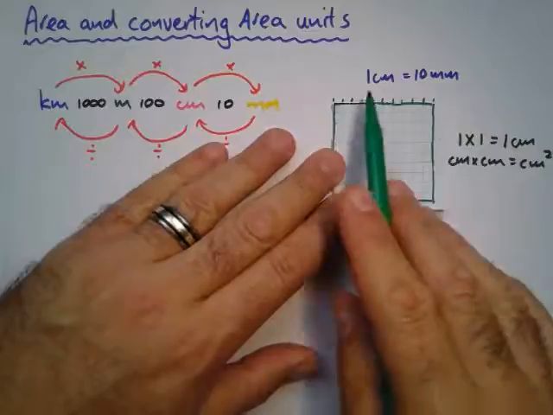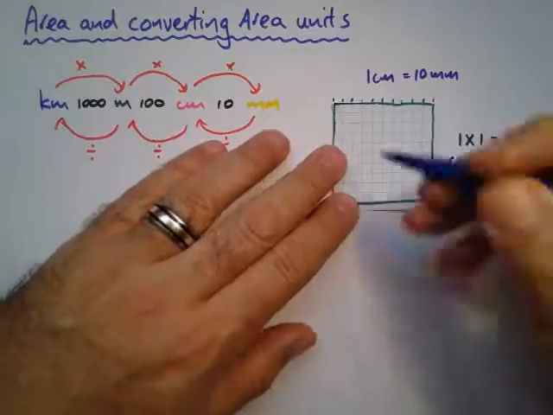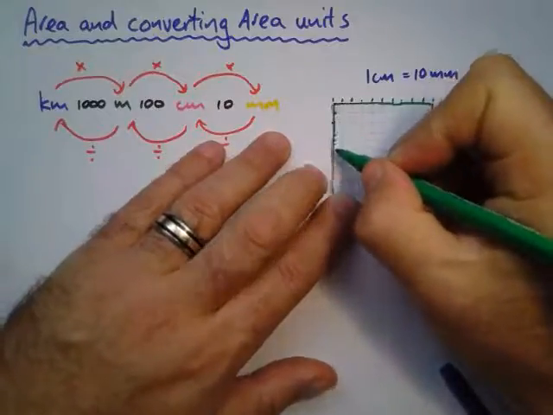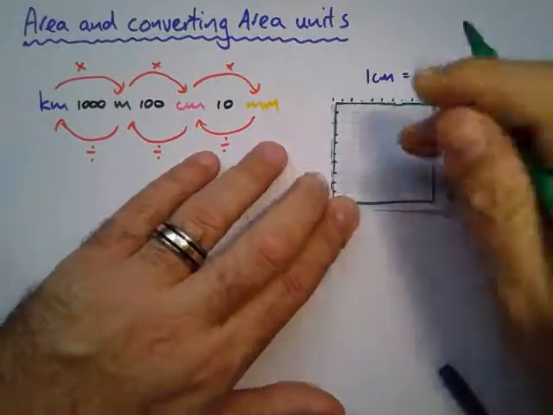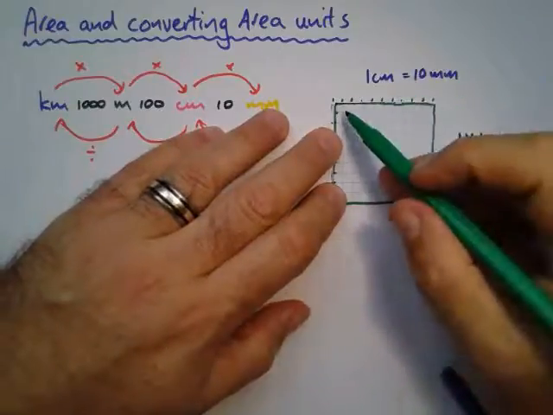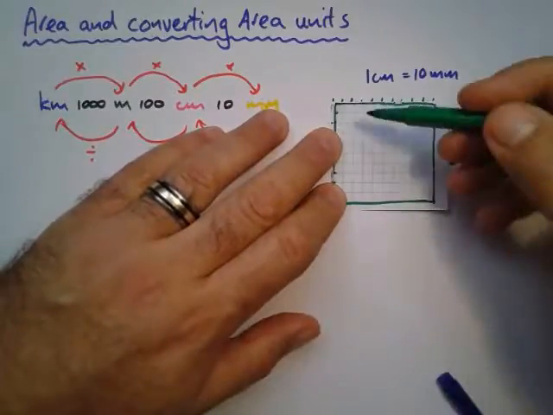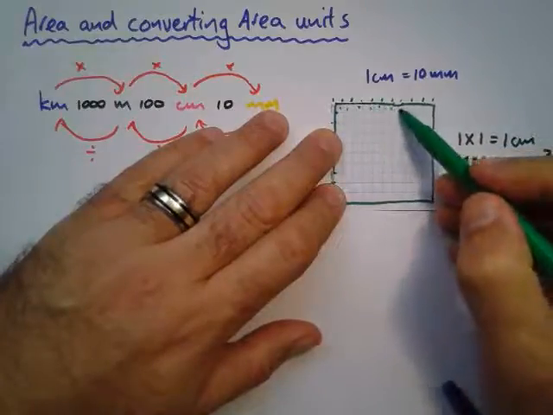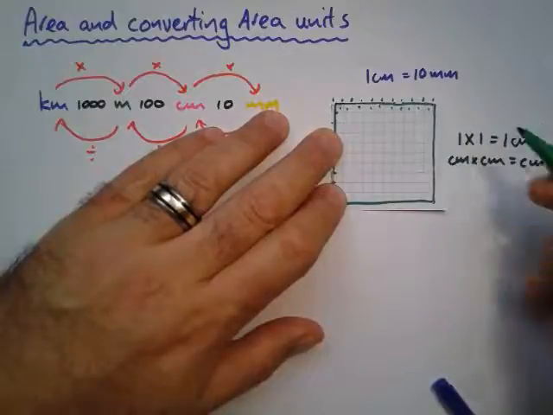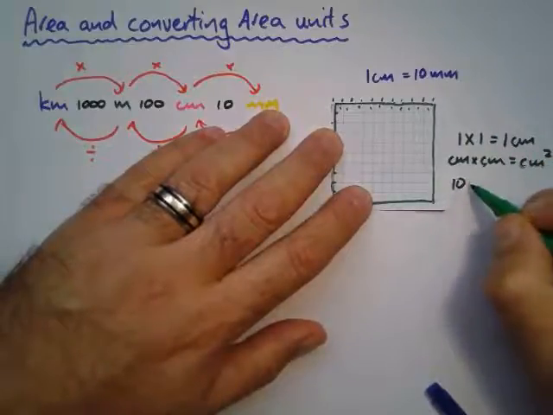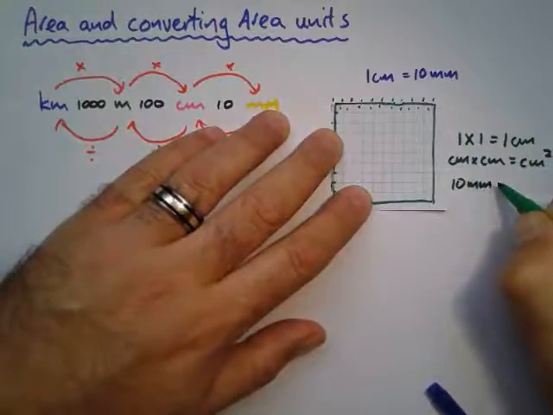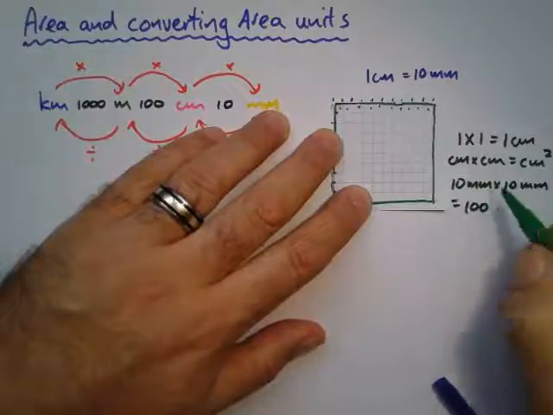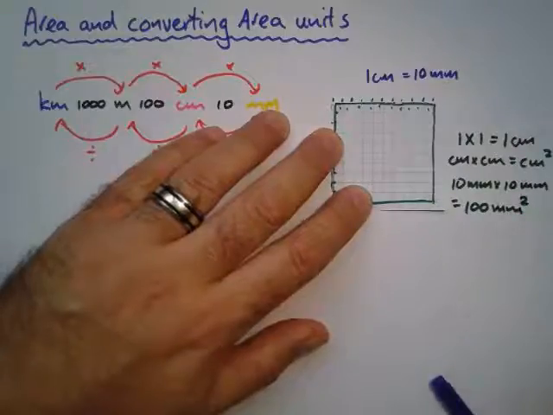Now we said that 1 centimeter has got 10 millimeters, and it means in this direction also it is going to have 10 millimeters. 1, 2, 3, 4, 5, 6, 7, 8, 9, 10. If I break the centimeters up into millimeters in both directions, I have square millimeters, which means 10 millimeters times 10 millimeters, and that will give me 100 millimeters squared.